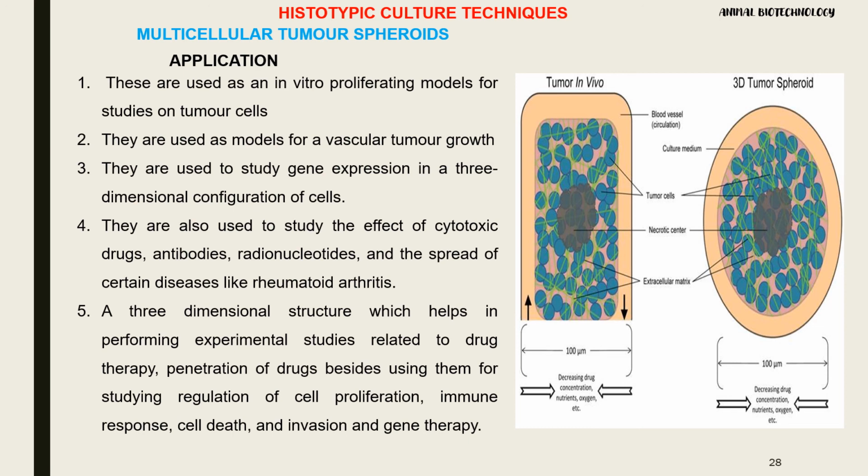The three-dimensional structure helps in experimental studies related to drug therapy, penetration of drugs, regulation of cell proliferation, immune response, cell death, invasion, and cell therapy. They have replaced animal cell models in many studies.